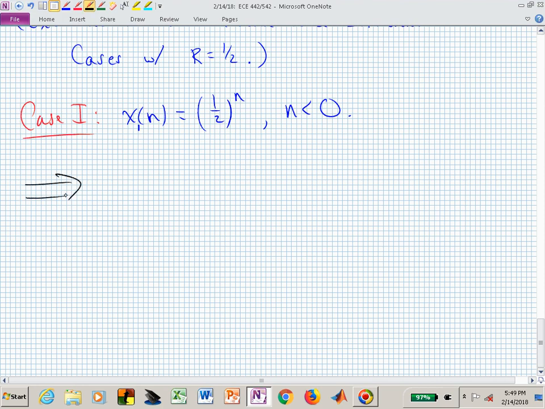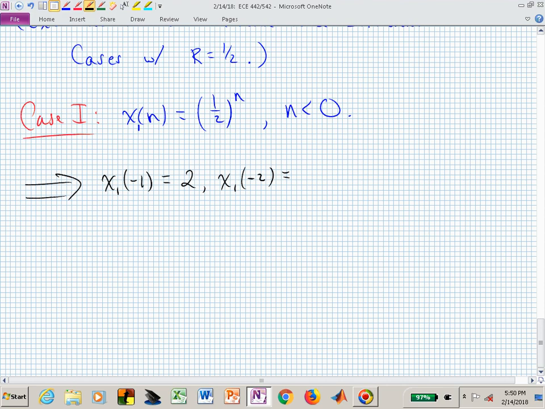And just to be thinking about what that looks like or what that represents, I would start plugging in some values just so I get a feel for what x1 of n looks like. What's x sub 1 of minus 1 equal to? 2. What about x sub 1 of minus 2?